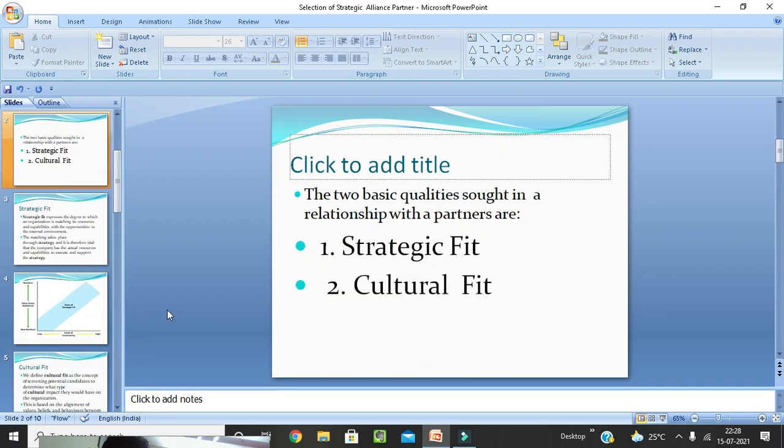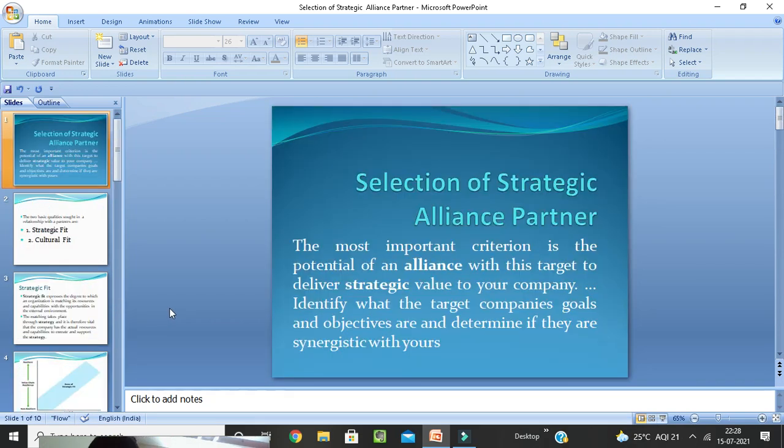Today we are going to complete three topics. First one is selection of strategic alliance partner. Second one is also related to that only. It's the cost and benefit analysis of entry strategies, and the last one, entry strategy configuration.